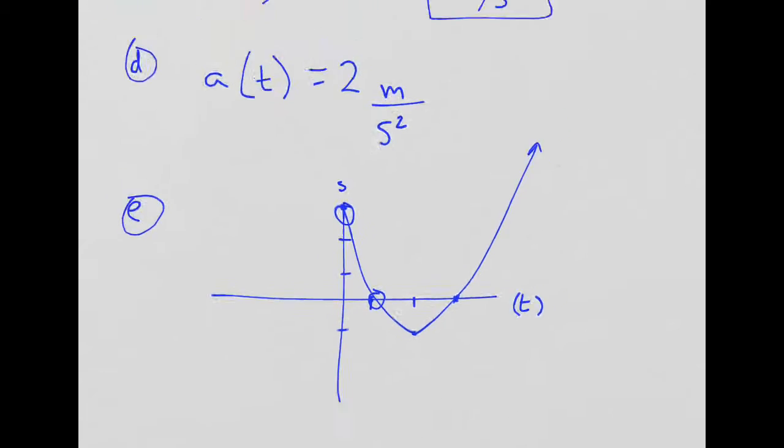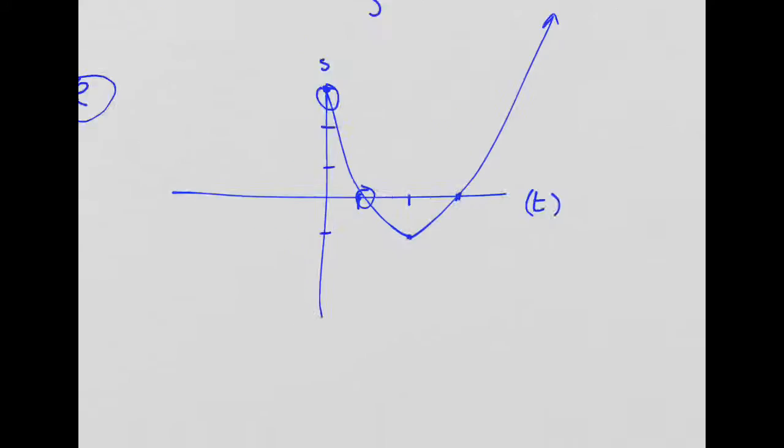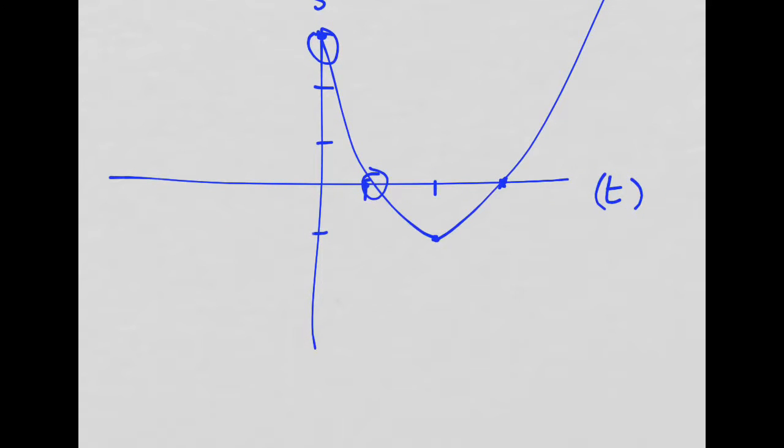Oh, this is actually what is describing the motion. So you can just write this. The particle starts at 3, and then it goes to 0 on the line, wherever that is, and then it goes back. It's moving backwards because it starts at 3, goes to 0.